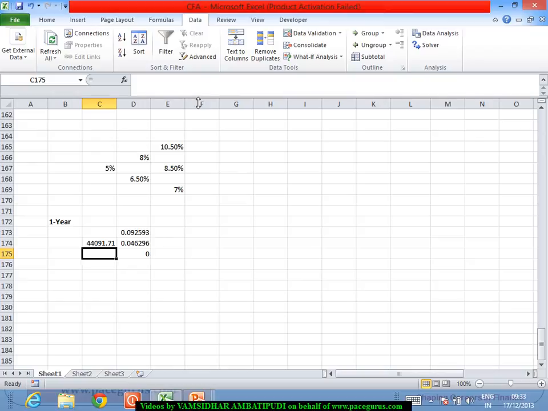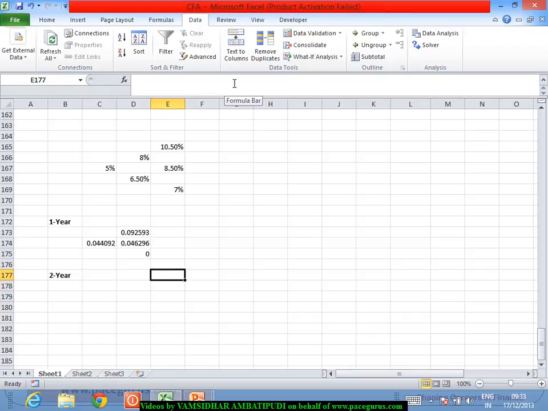The same logic I can go with a 2-year caplet now, right? Let me keep this as consistency in terms of 0.044 million. For a 2-year caplet also, I will look at the expiry as the second year.